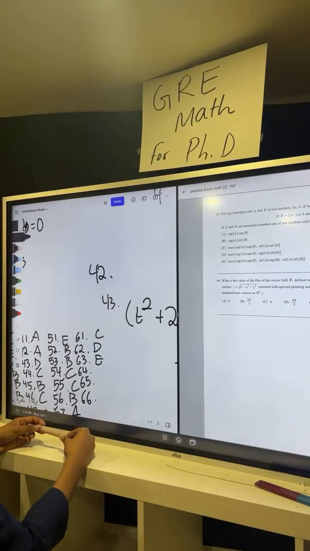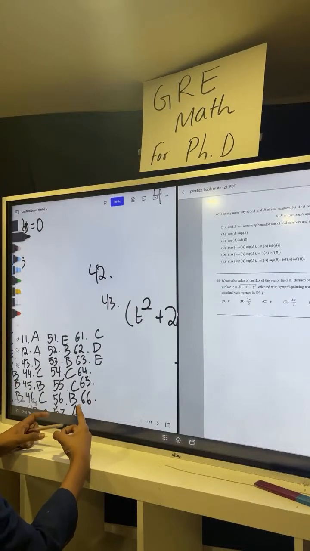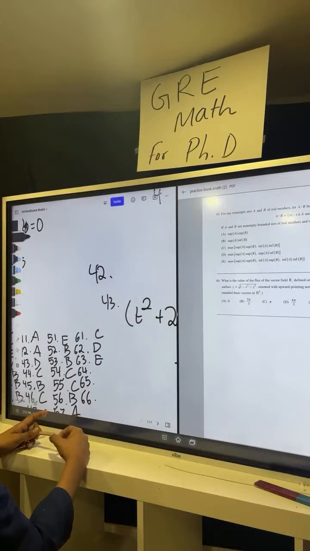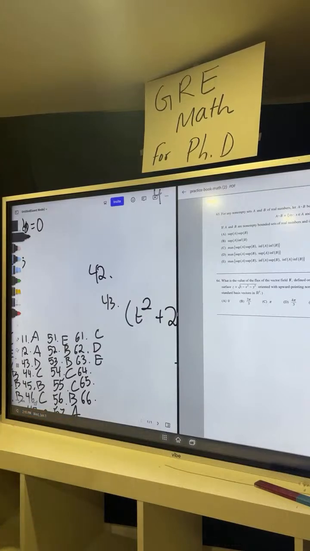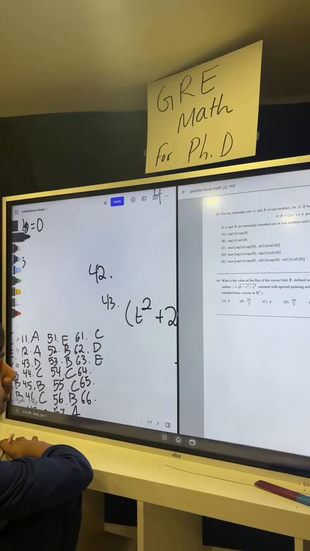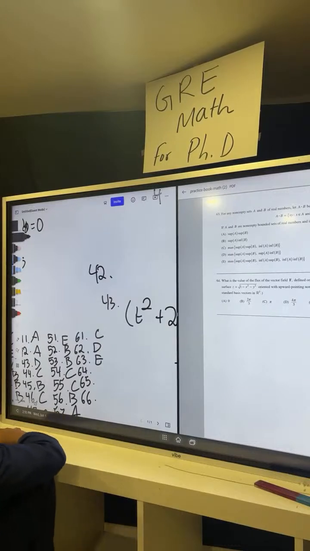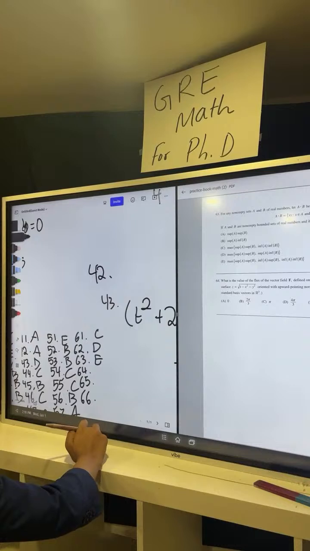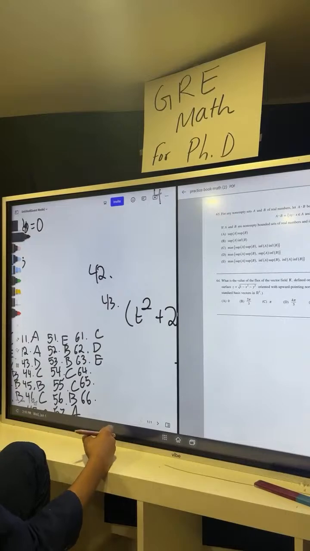64. What's the value of the flux? What? Of the vector field F? Not going to attempt this right now. Oh, that's a sphere. Yeah, that's the upper half of a sphere with radius 1. Oh, that's just a radial.